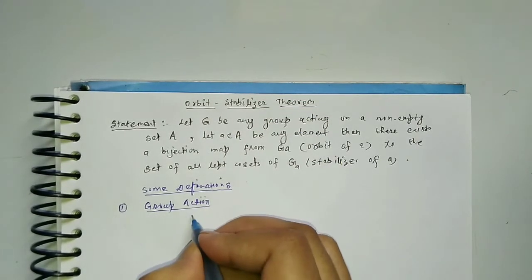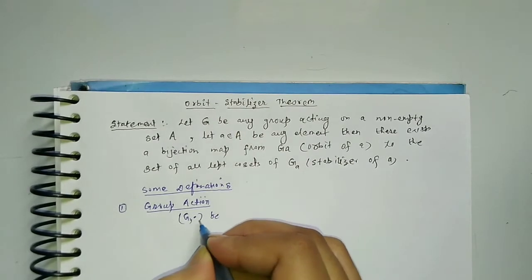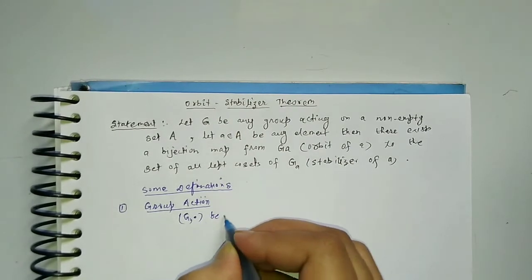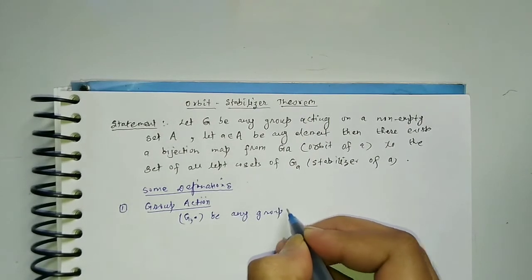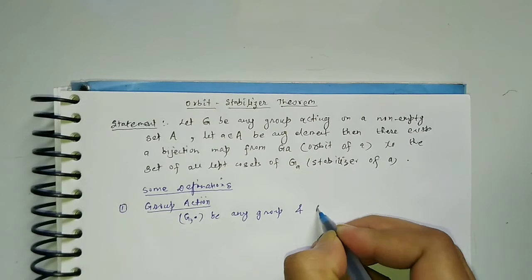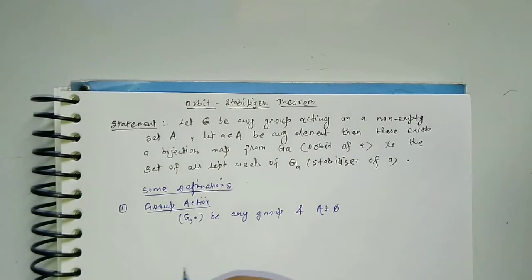For this, let G, dot be any group where dot is a binary operation on G, and capital A be any non-empty set.